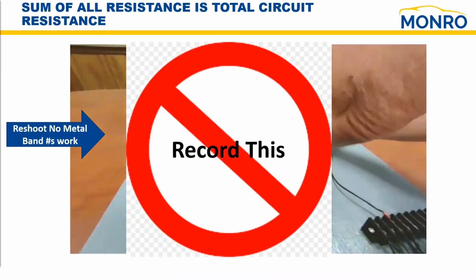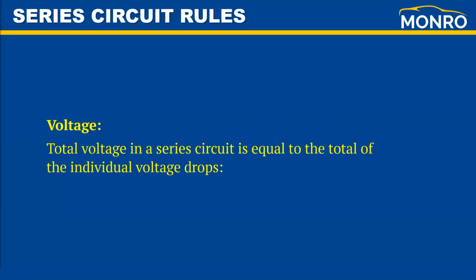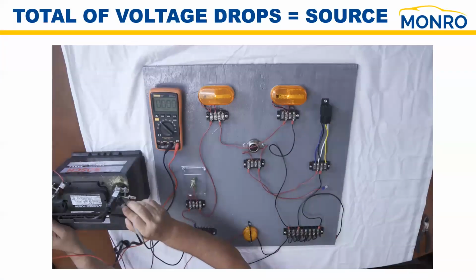So, what's the second rule? The second rule we have to deal with in series circuits is voltage. The voltage in a series circuit is equal to the total of the individual voltage drops. Let me show you what I mean. If we take a look at the series circuit while it's operational, the total voltage is 12.62 volts.